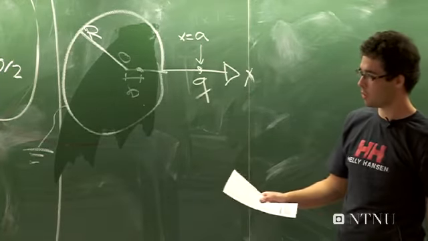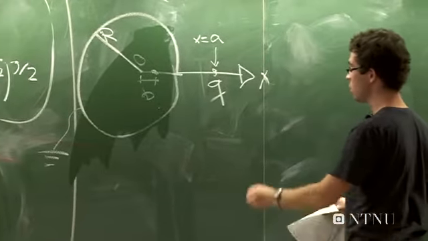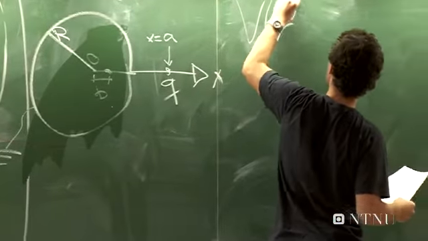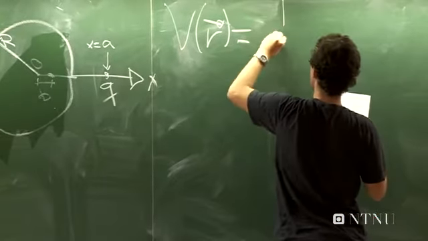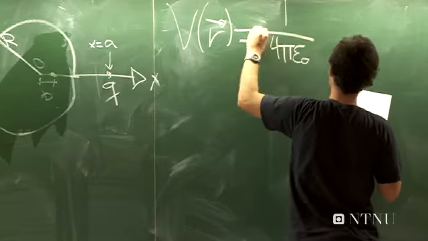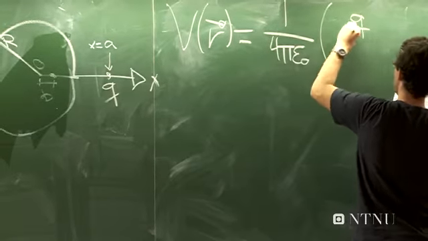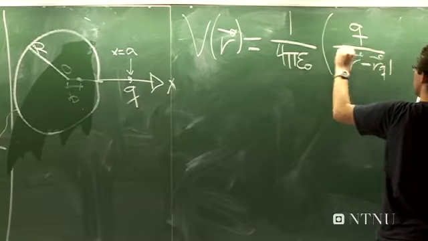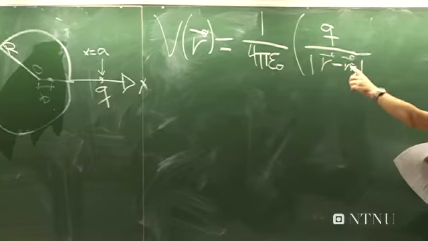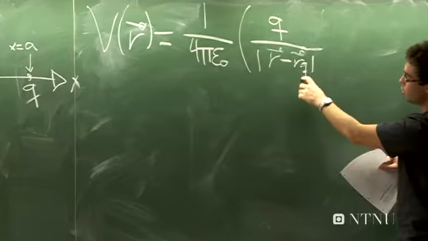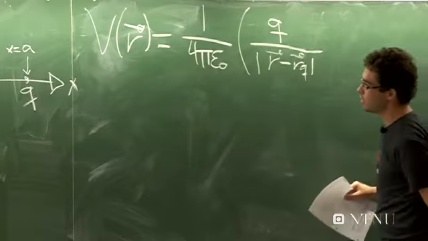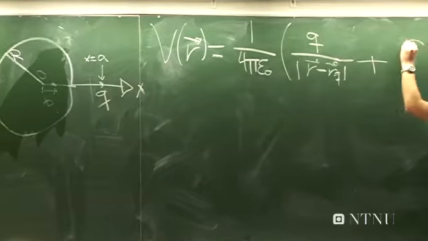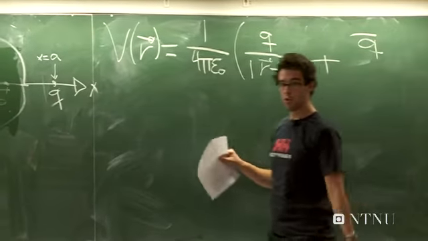Okay, and now you can just write down the potential like last time. So it's essentially Q over the distance from the original point charge, and there's a different charge, q bar, here.